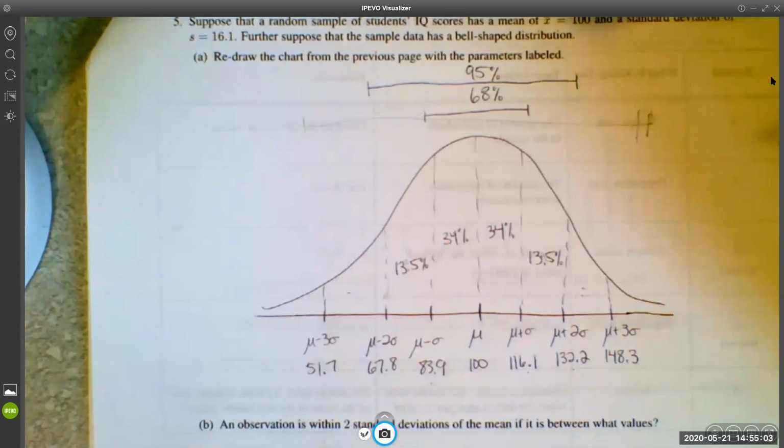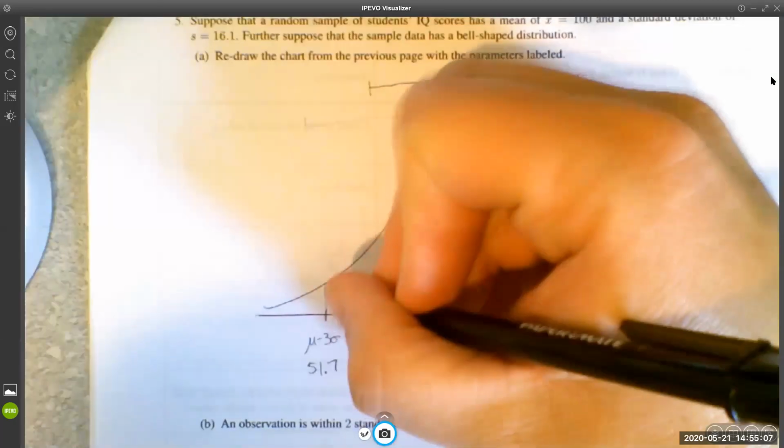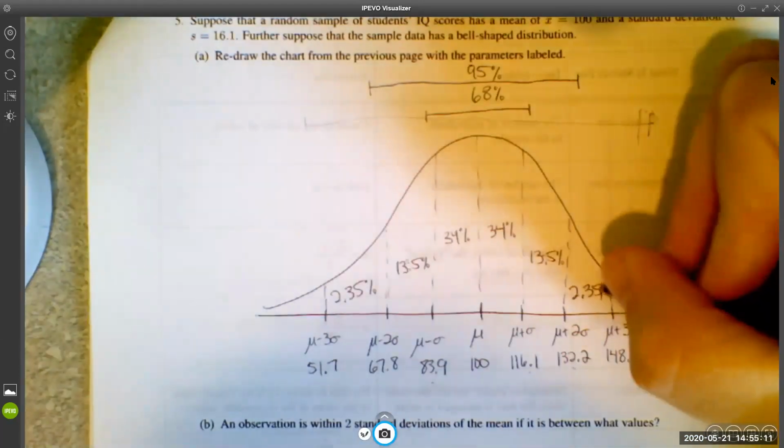So that means the remaining 4.7% is in these two places, and it's equally split, right? So half of 4.7 is 2.35. So 2.35% of the data is there, 2.35% of the data is there.